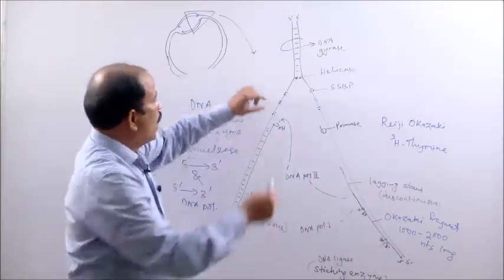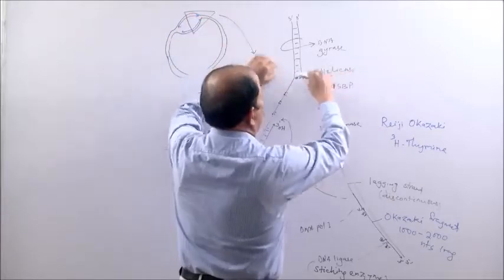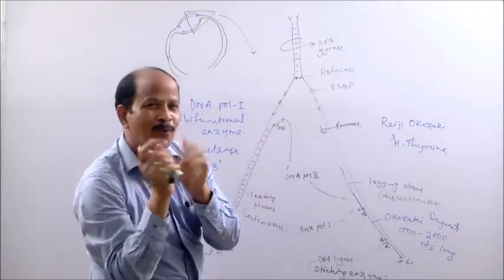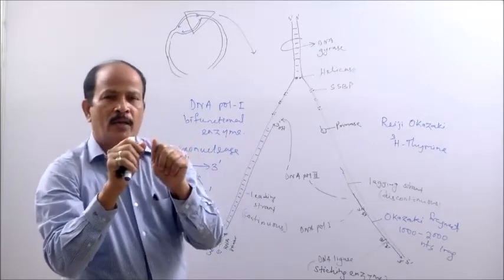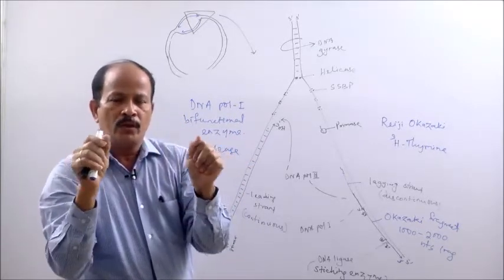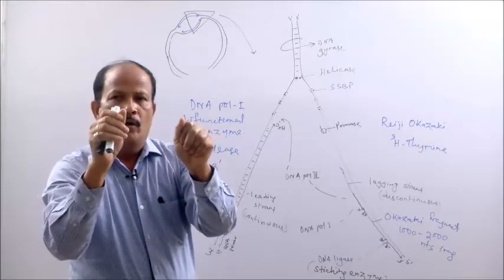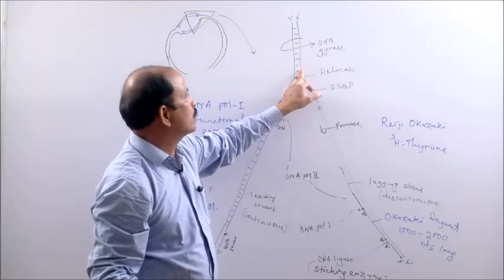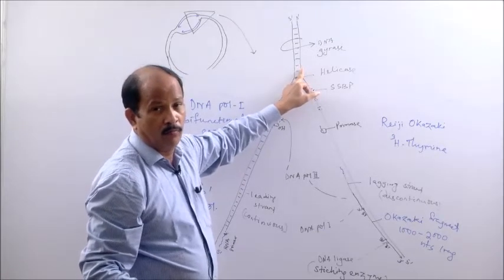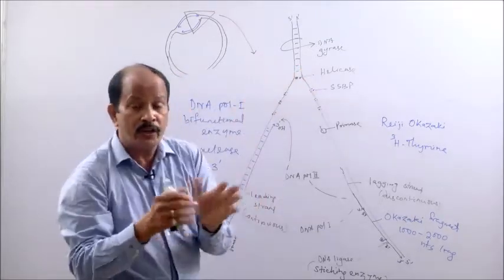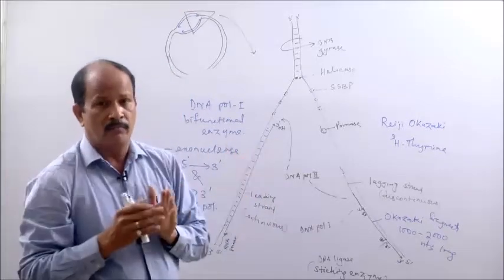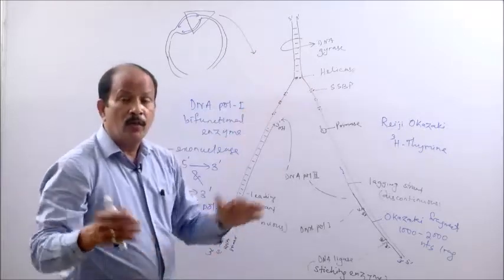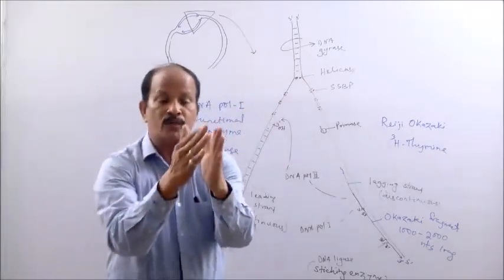Now, as the fork moves ahead, DNA helicase, it is a helix unwinding protein. By use of ATP energy, it breaks the hydrogen bonds existing between the bases of this strand and the bases of this strand. So as a result, the double stranded DNA is made single stranded. Once you might have seen a rope.